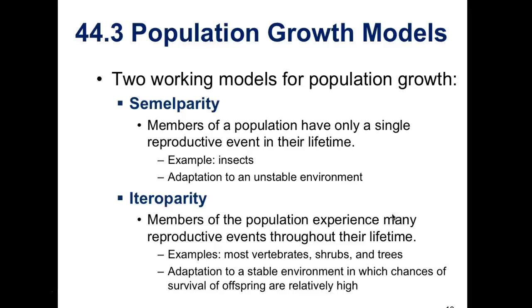Plants, depending on the plant type and species, could fall into either category, but we do see it with shrubs and trees where they have the opportunity to be reproductive throughout their life. Ultimately, in semiparity, you have adaptations to an unstable environment, and in heteroparity, you have adaptations to a stable environment in which chances of survival of offspring are going to be relatively high.